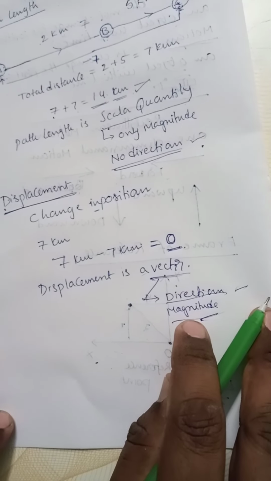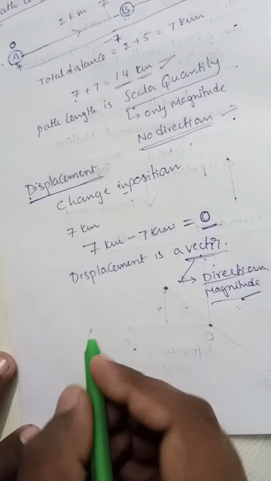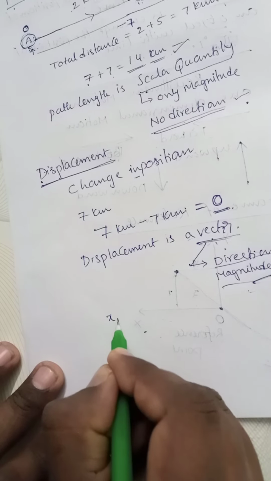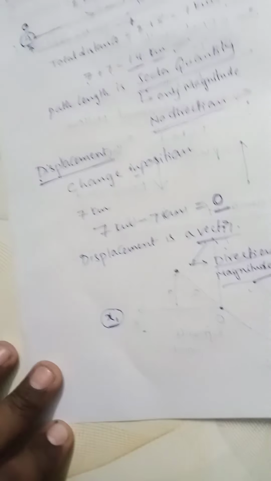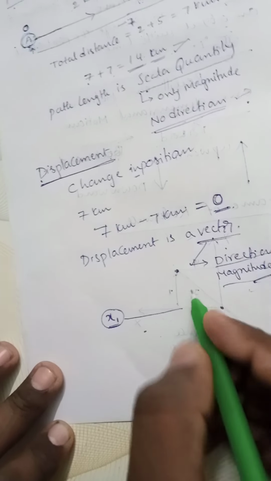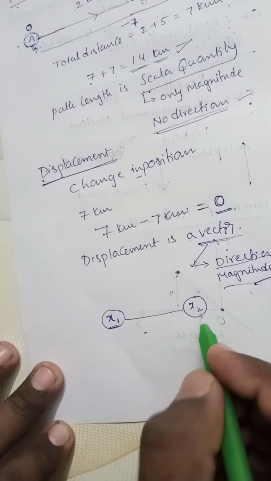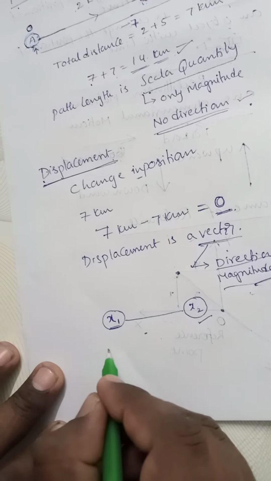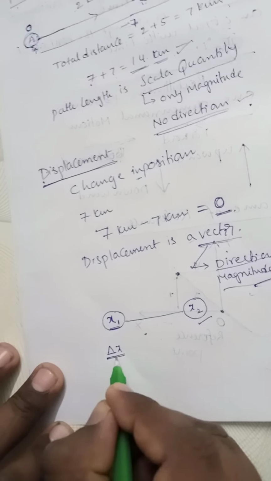For example, an object is initially at position x1. After some time, the position of the object is x2. So we say the displacement is delta x.